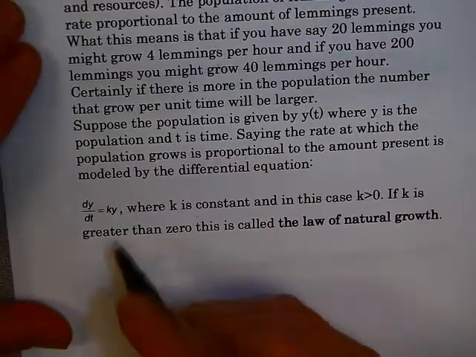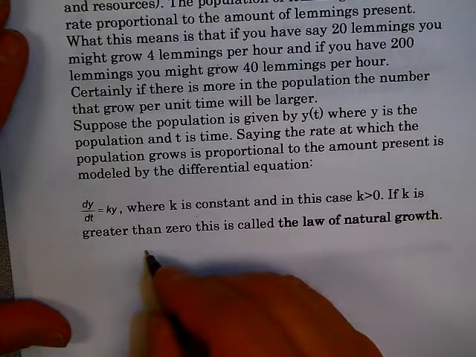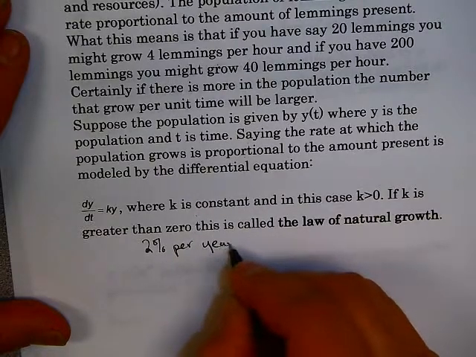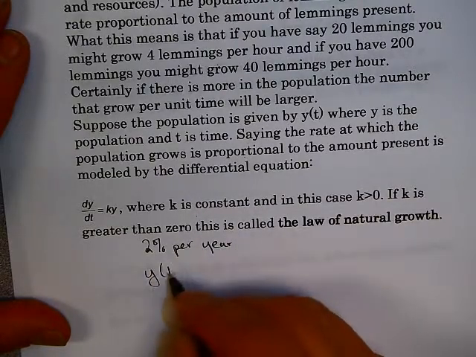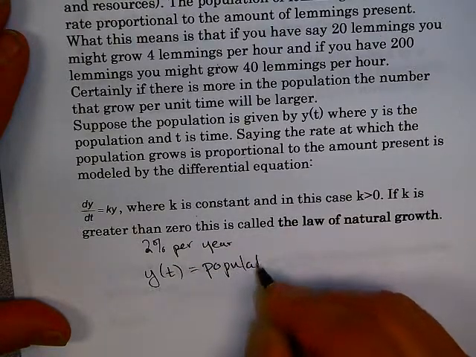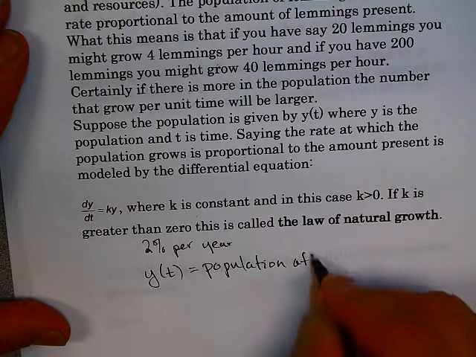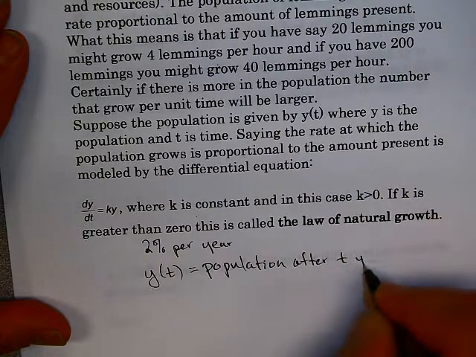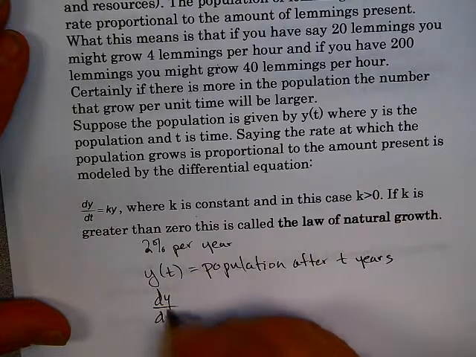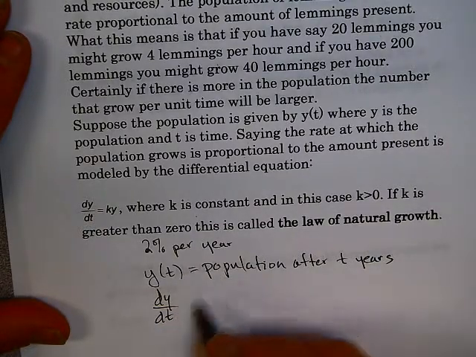For example, if we say that a population is growing at 2% per year, and if this is the population after t years, then dy/dt is the rate of change of the population, or how many you're growing by every year.